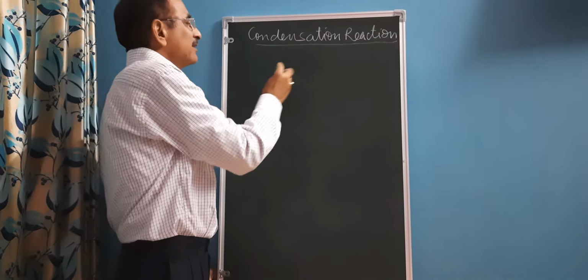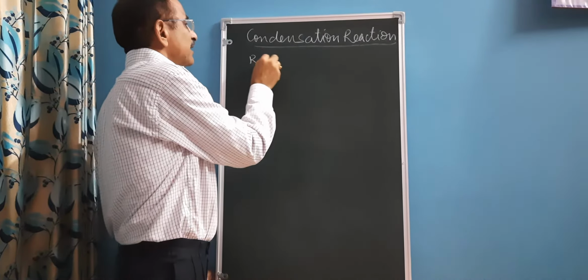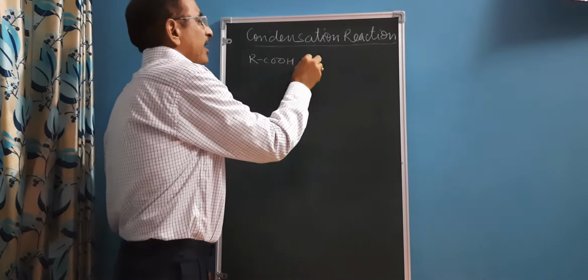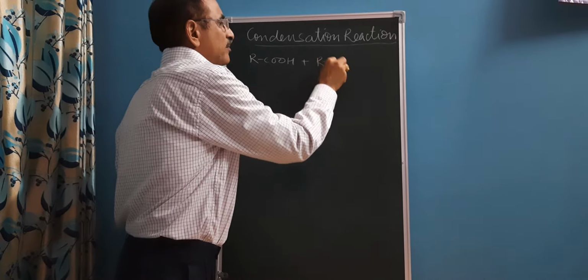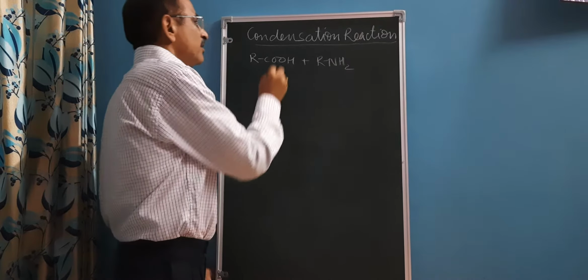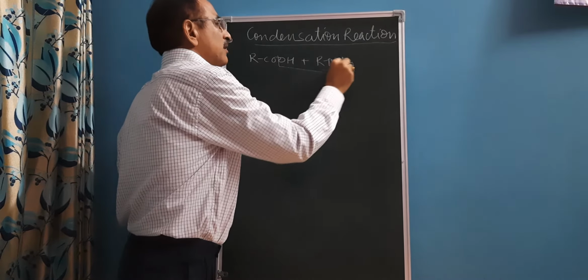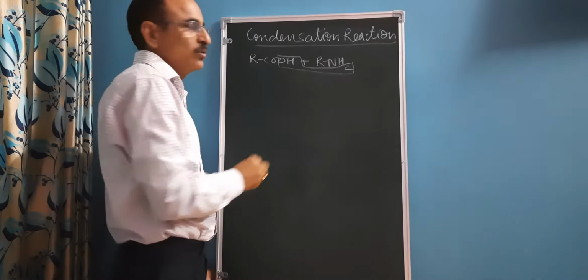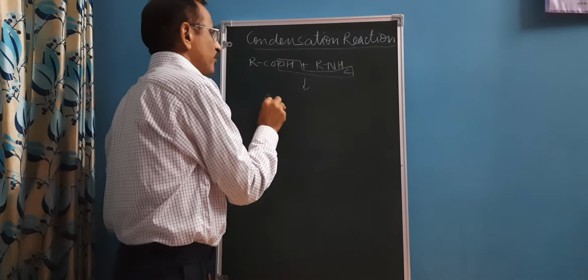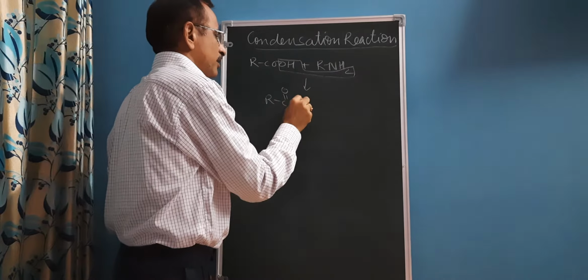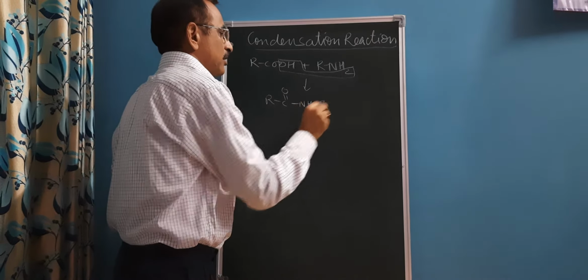Now in condensation reaction, let's consider we are having this carboxylic acid and when it is treated with primary amine. Here, due to condensation of this, there is loss of water molecule and that results in formation of amide.